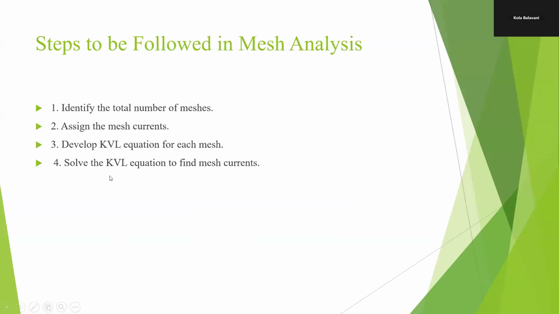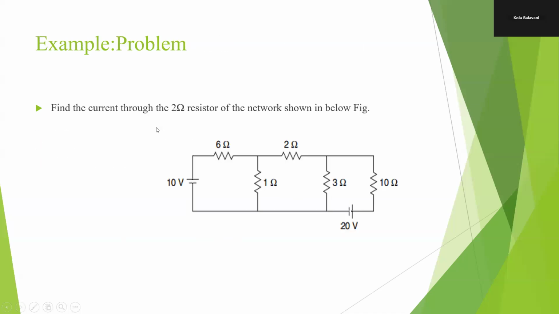The second point is assigning the mesh currents. For each mesh, assign the current in either the clockwise or anti-clockwise direction. You can choose any direction. Generally, here I am considering the clockwise direction.